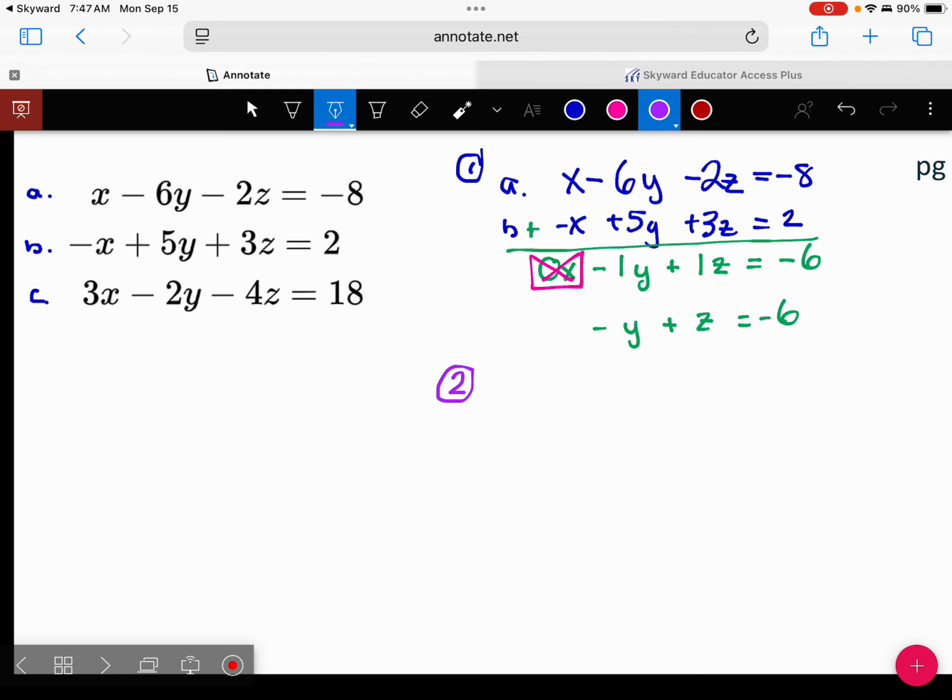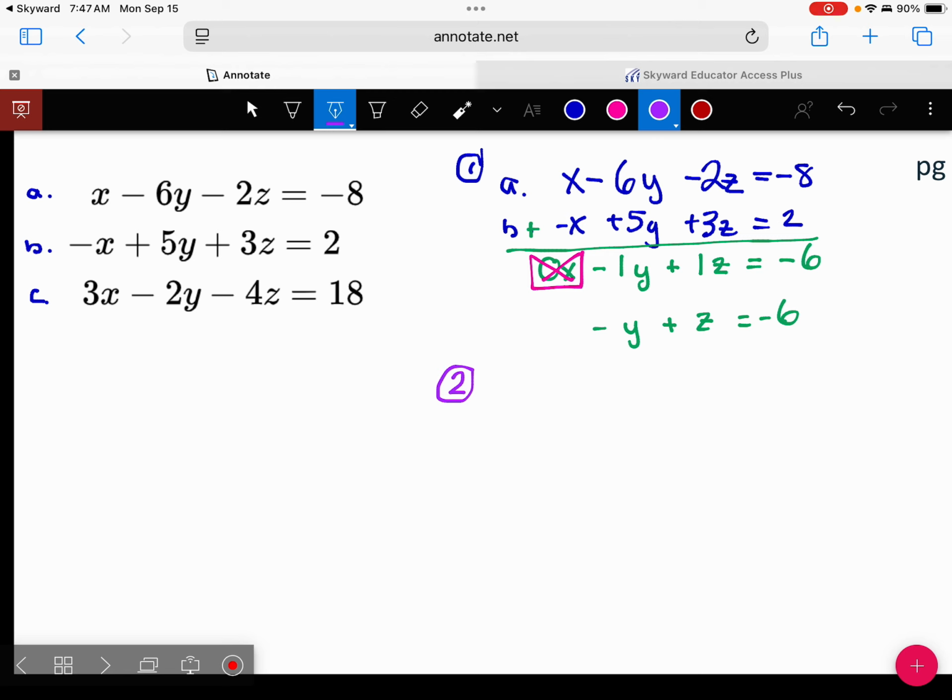Well, I could use equation 1 or equation A, because I have that 1 there, I can multiply anything. Since I want to wind up with the same number, opposite sign, I'm actually going to use B, because it already has that opposite sign and I don't want to have to multiply by a negative for all the things, ew.